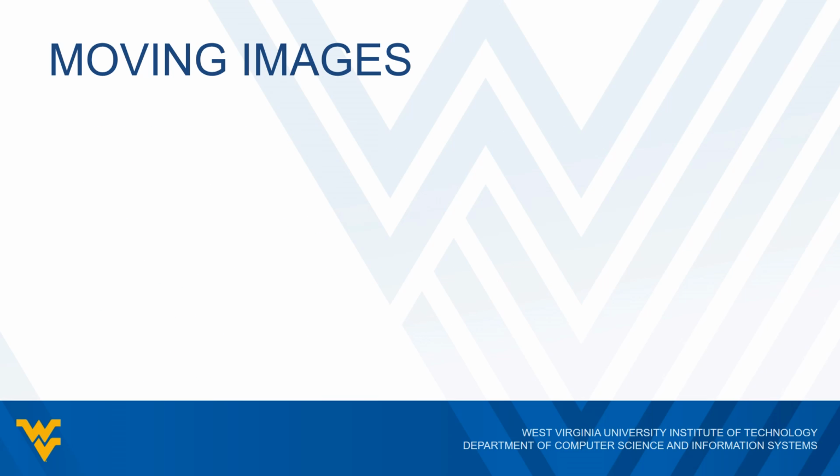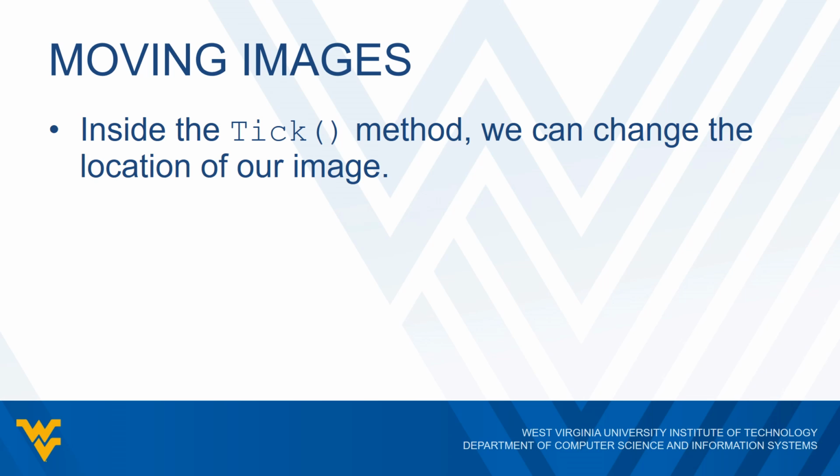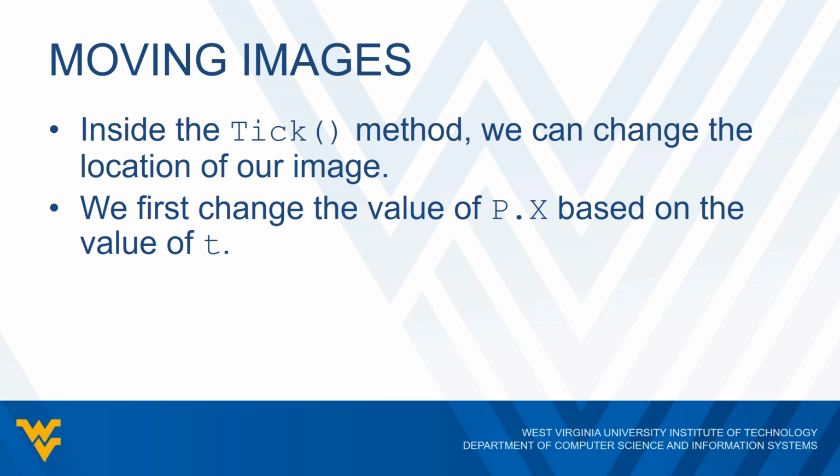So the next thing we need to do is actually modify our tick method, so we can change the location of our image inside of this method. The way we'll do this is we'll first change the value of p.x. Remember, p is the name of our point object, and x is our x coordinate value. So we'll change this value based on the value of t. For example, depending on what value t is, maybe we'll multiply it by 10.